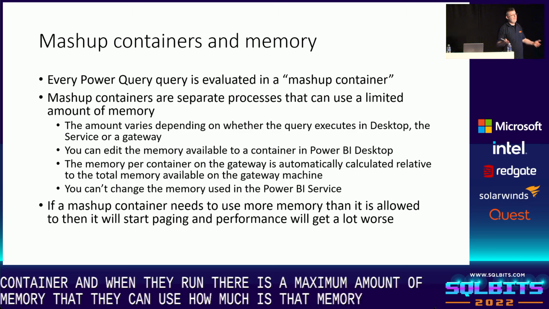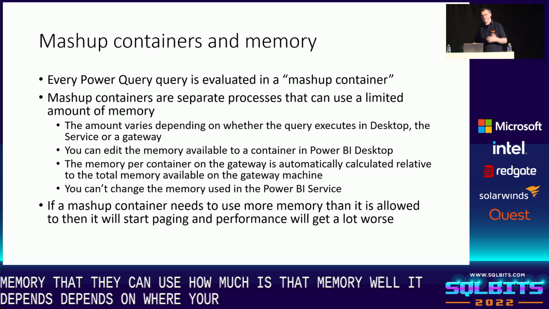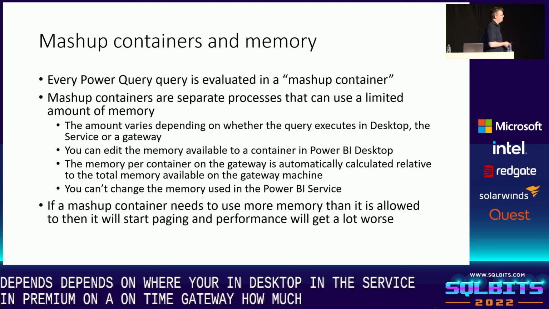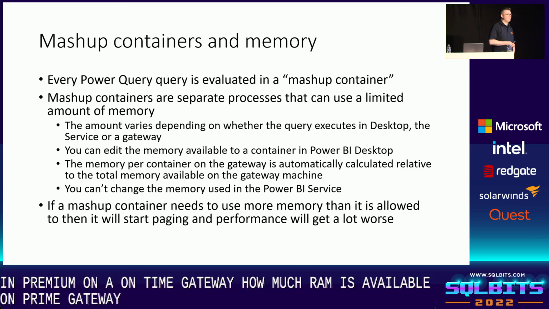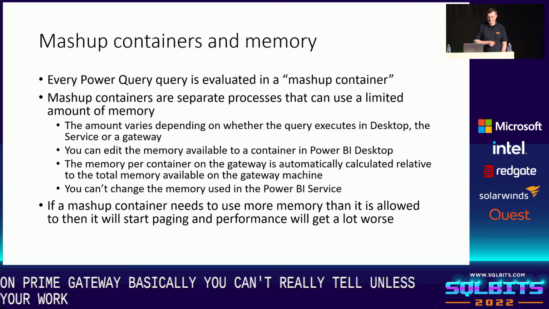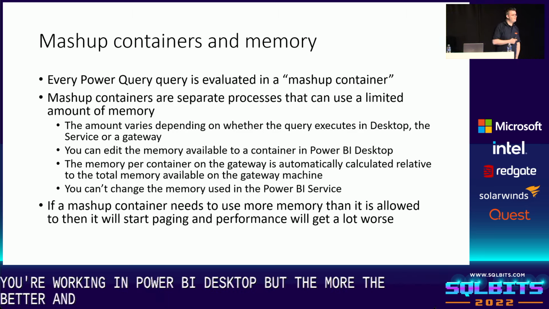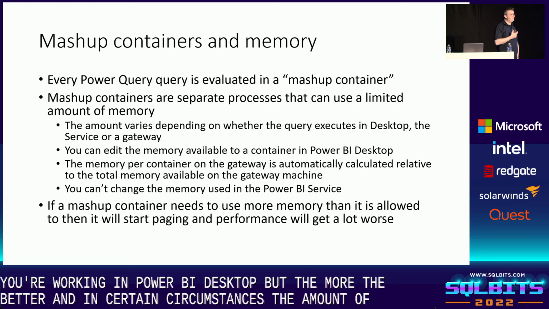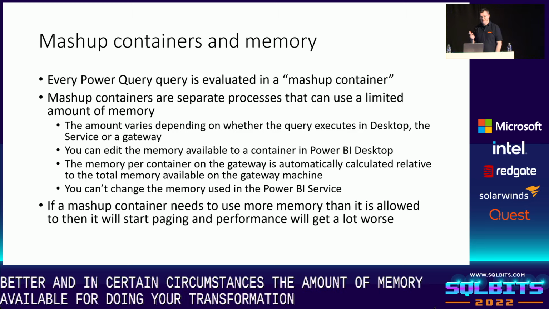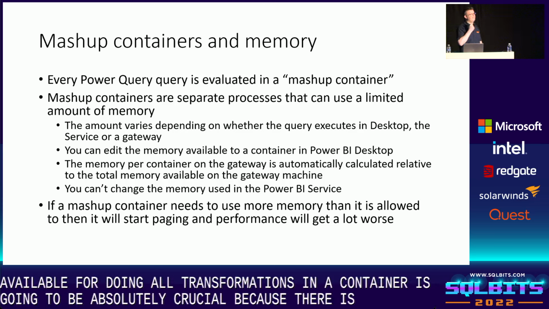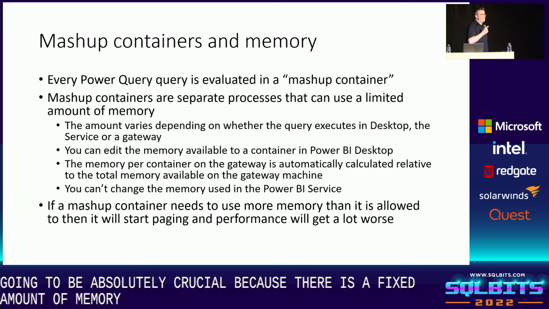Well, it depends. It depends on whether you're in desktop, in the service, in premium, on an on-prem gateway, how much RAM is available on the on-prem gateway. Basically, you can't really tell unless you're working in Power BI desktop, but the more the better. And in certain circumstances, the amount of memory available for doing your transformations in a container is going to be absolutely crucial because there is a fixed amount of physical memory that they can use.